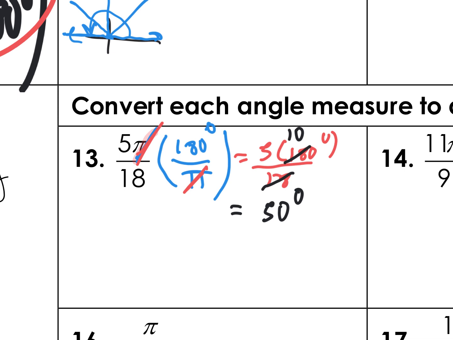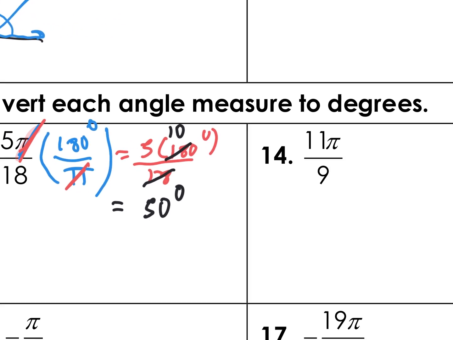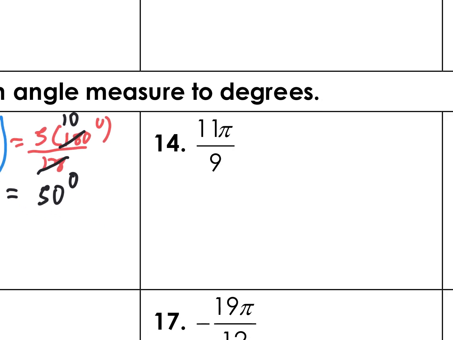Okay, let me do another one. Obviously, this is in radians, so I need to make sure my degrees is in the numerator. 180 degrees over pi radians. And again, what a coincidence. The pi's cancel because I have a pi on top and a pi in the bottom.